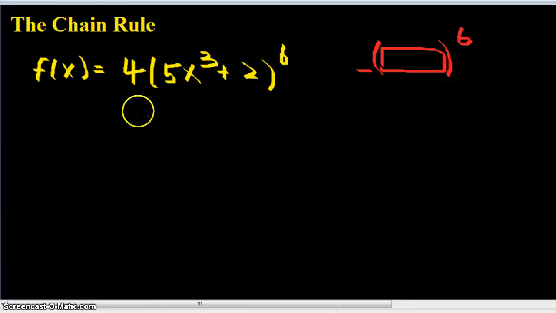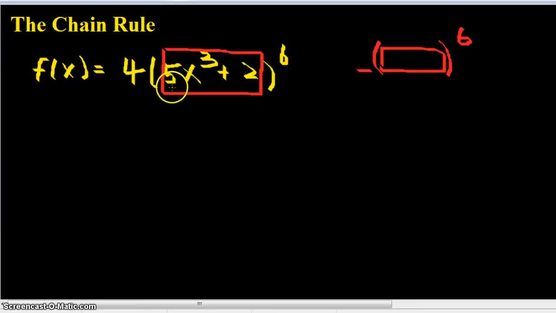So I have a cubic function, and the cubic function has an exponent of 6. In the previous video I used a red box to represent the function that's inside, so let's continue using that.